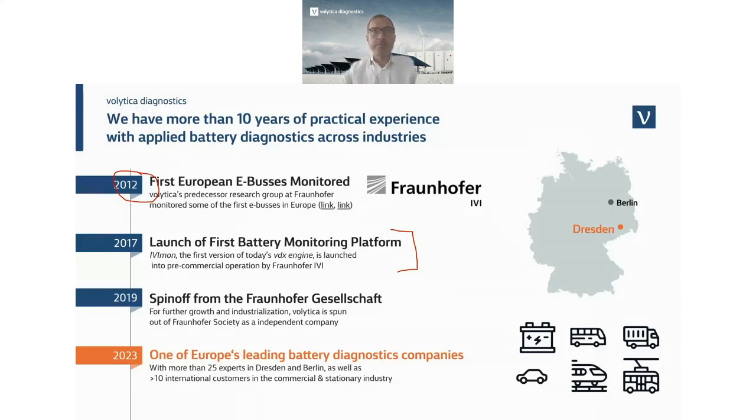In 2019, we founded Analytica Diagnostics out of the Fraunhofer context, and now we are one of the leading European battery diagnostics companies. There are not so many out there, highly specialized companies dealing with quite a complex technology. But let us take the risk off you and take care of this complex analysis.